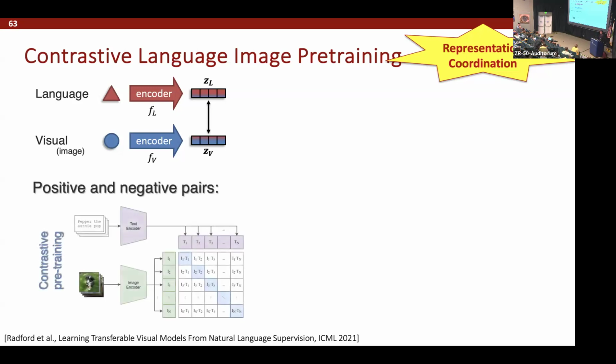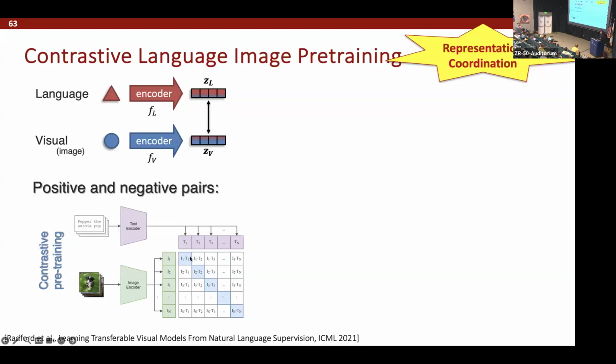So this coordination function can be something like cosine similarity, and you train this model by taking a bunch of positive pairs, so image and text that are talking about the same thing, and also image and text that are talking about different things. Those are what we call negative pairs.